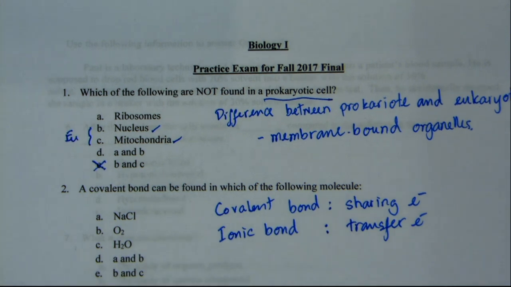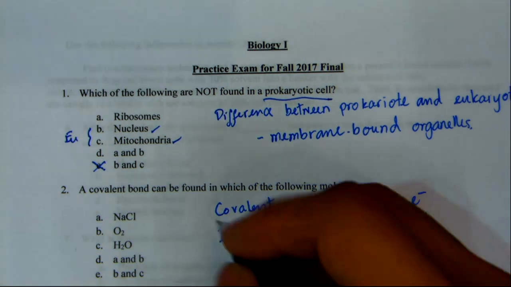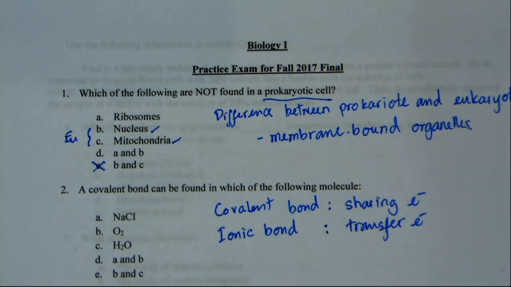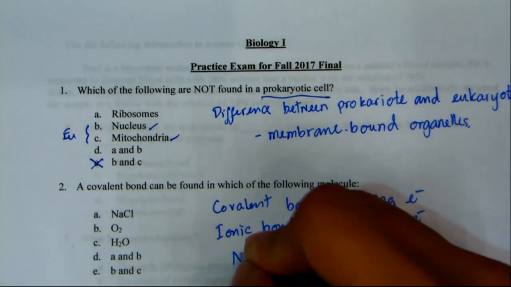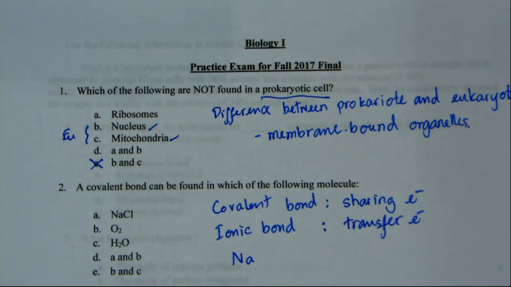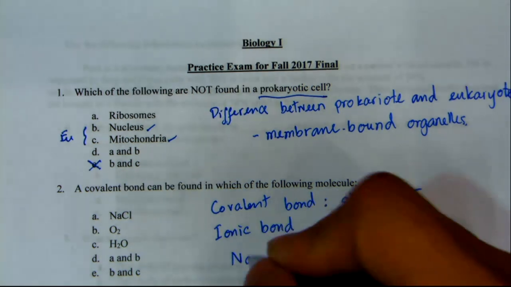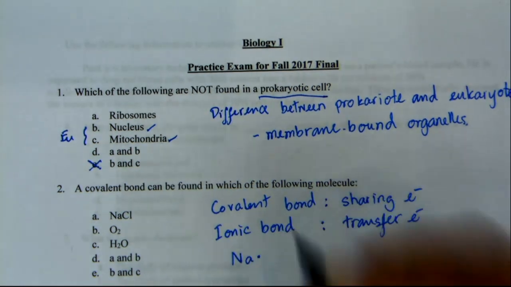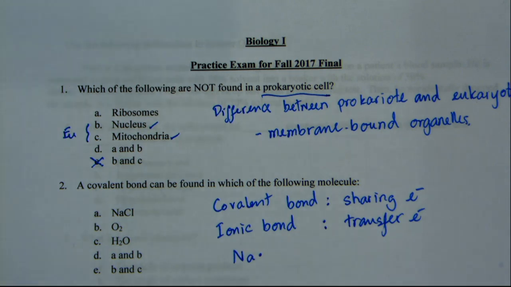In these three choices, the first one is sodium chloride. Sodium is a metal, right? Sodium has one valence electron, and I'm going to use a different color.